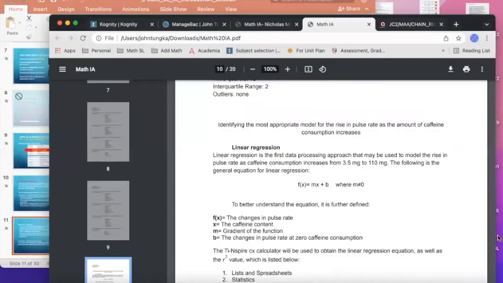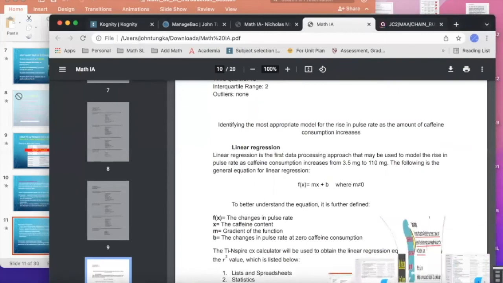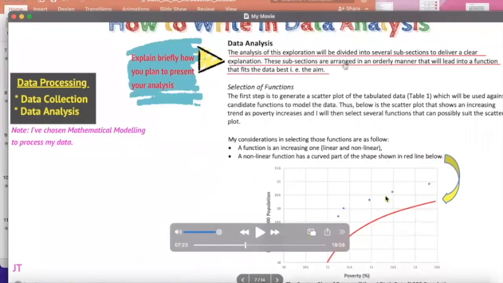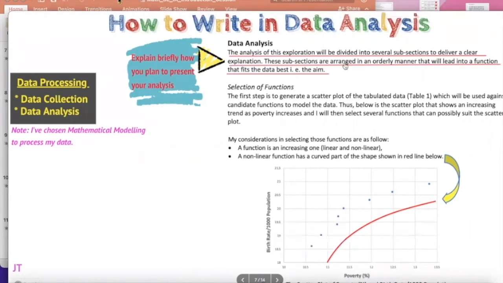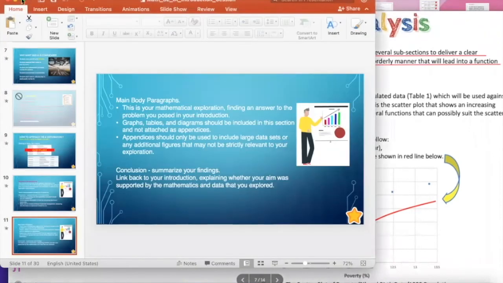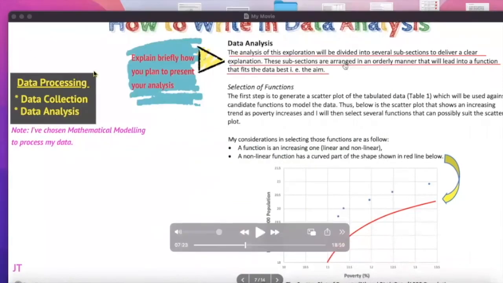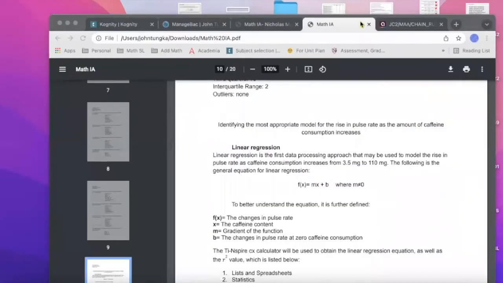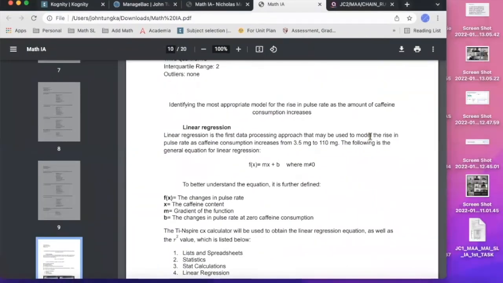The step is usually you generate the scatter plot first, then you can comment whether it increases or decreases. Now going back to this, I would suggest that you write something here, 2 or 3 sentences to inform the reader what you are trying to do. So let's not go straight to linear regression. Is that okay?